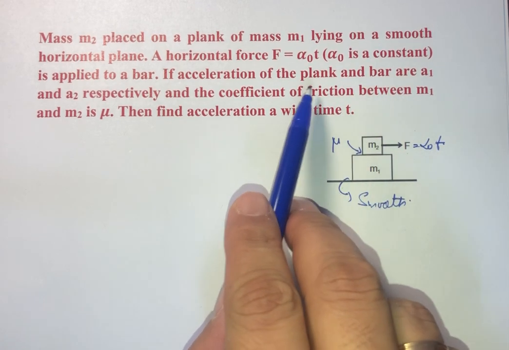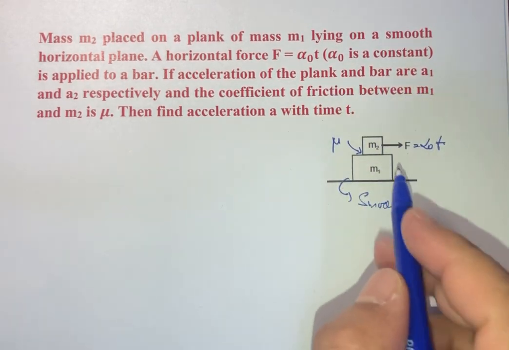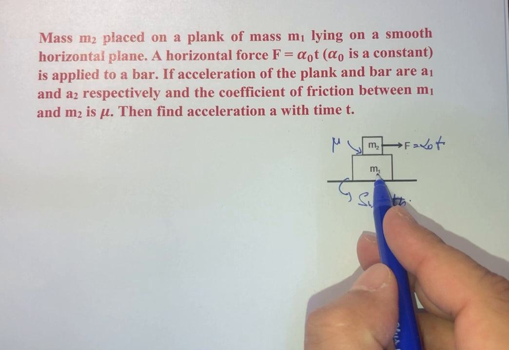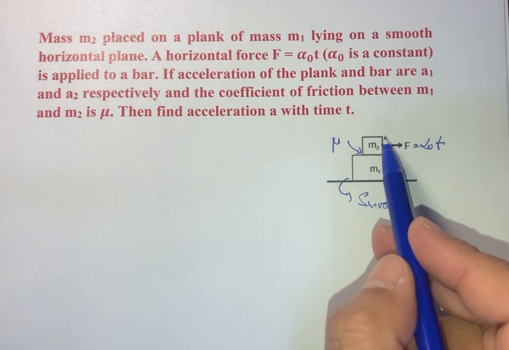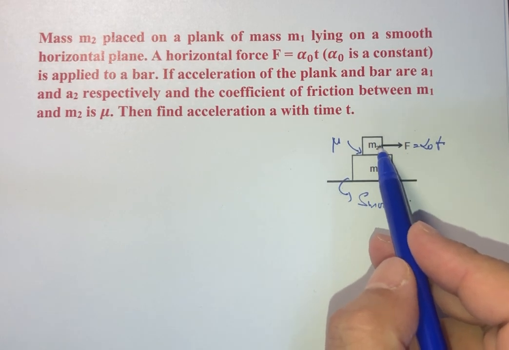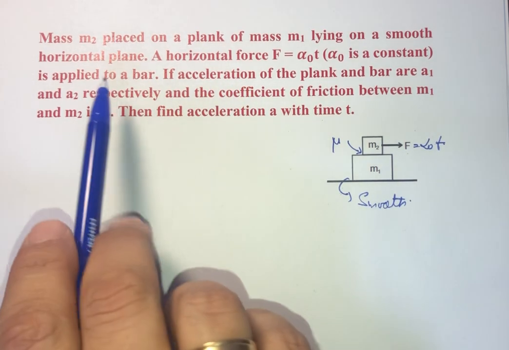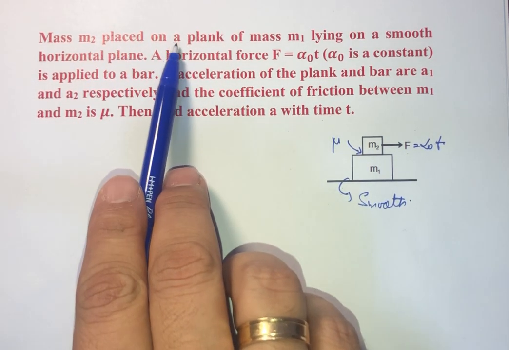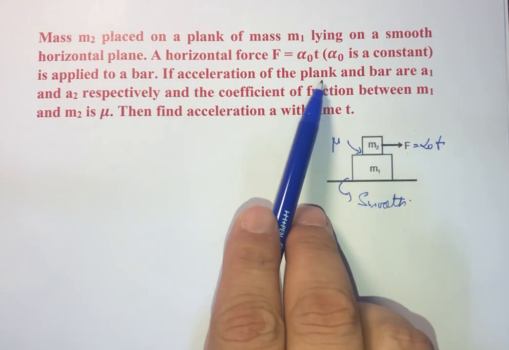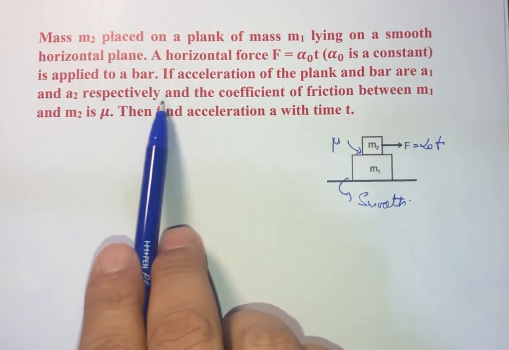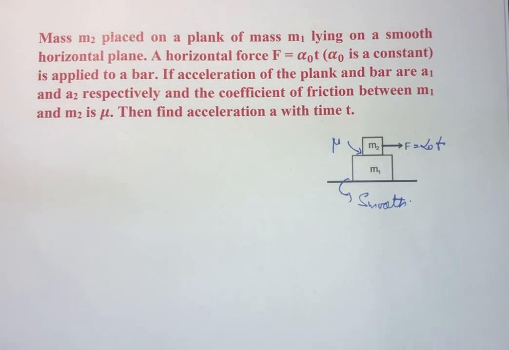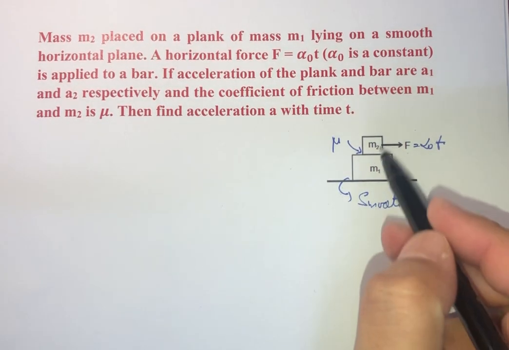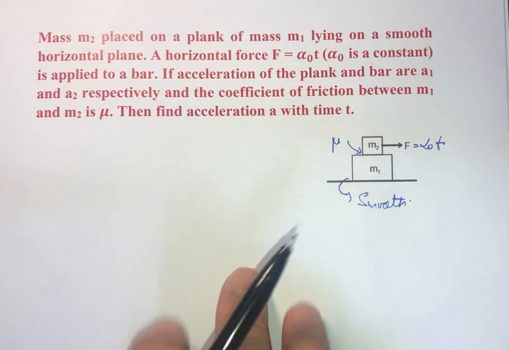The acceleration of the plank, that is m1, is given as a1, and the acceleration of mass m2 placed on the plank is given as a2. So to start, let's assume that both are moving with the same acceleration.